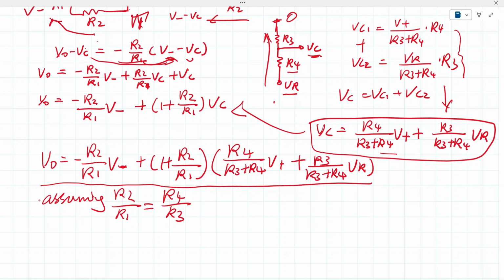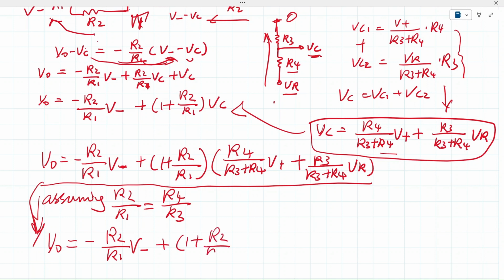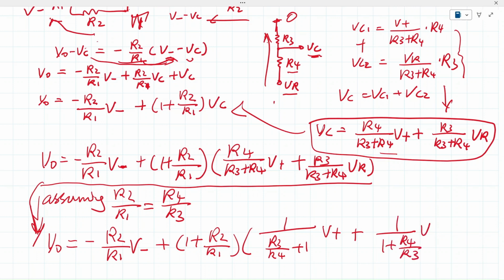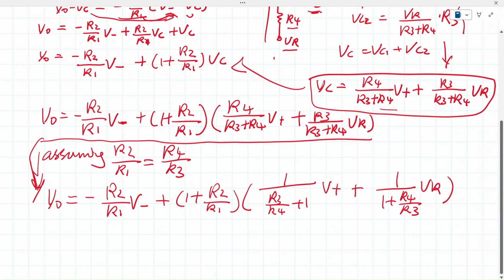Before that, let's further simplify this equation. Go down here, we have Vout equals minus R2/R1 V minus plus (1 plus R2/R1), then we divide by R4 here, so we get R3/R4 plus 1 and V plus, and on this side we divide everything by R3. We get 1 plus R4/R3 VR.